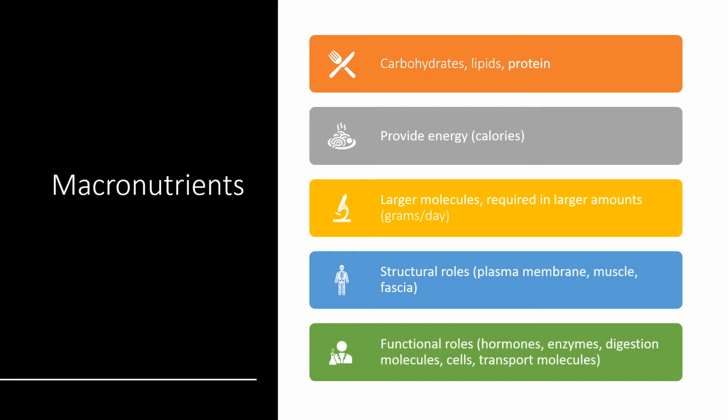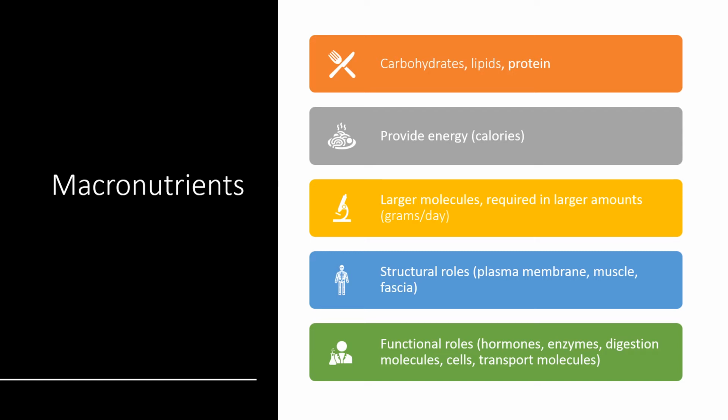Macronutrients are larger molecules when compared to our micronutrients, so they are bigger, they take up more space, and we also require them in larger amounts. So we usually talk about the recommended amount in terms of grams per day for carbohydrates, lipids, and proteins. In addition to being a source of energy, these macronutrients also have structural and functional roles.